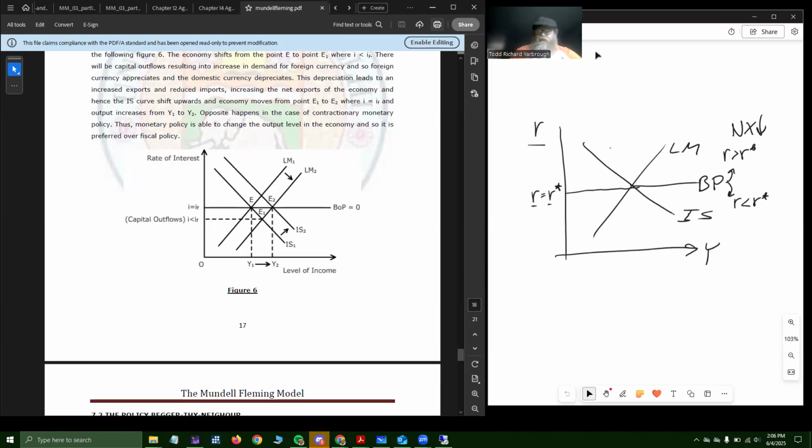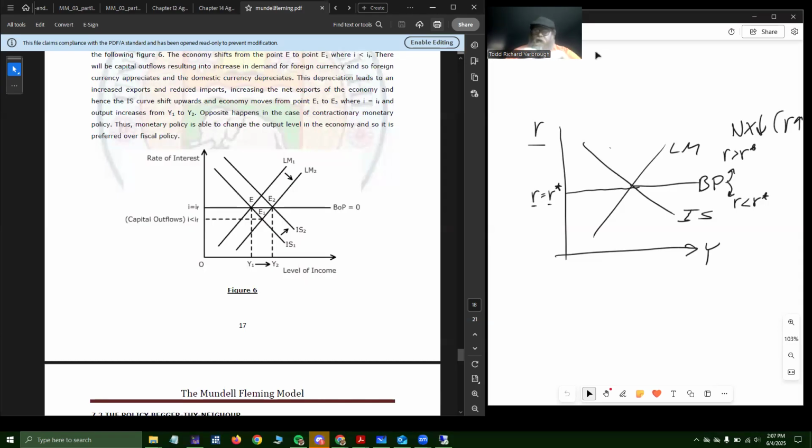That should make sense because if the domestic interest rate is going up, this is going to cause the exchange rate to also go up. The net result of higher domestic interest rates is capital inflows, that is imports coming in and exports being reduced.